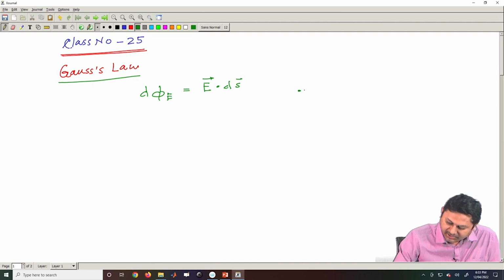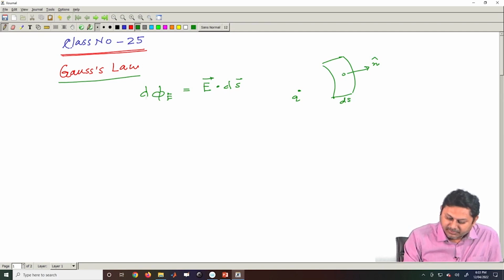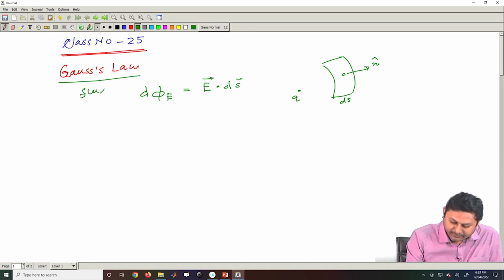I have a charge here, say this charge is q, and I have a surface here. This is the direction, say n unit vector, and this is ds, the surface area. Then the amount of flux, if somebody calculates, is this one.